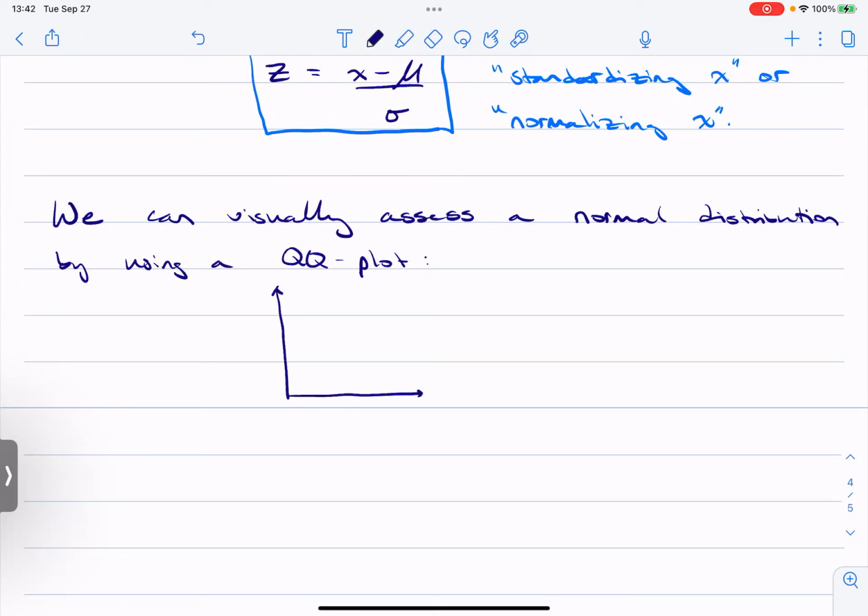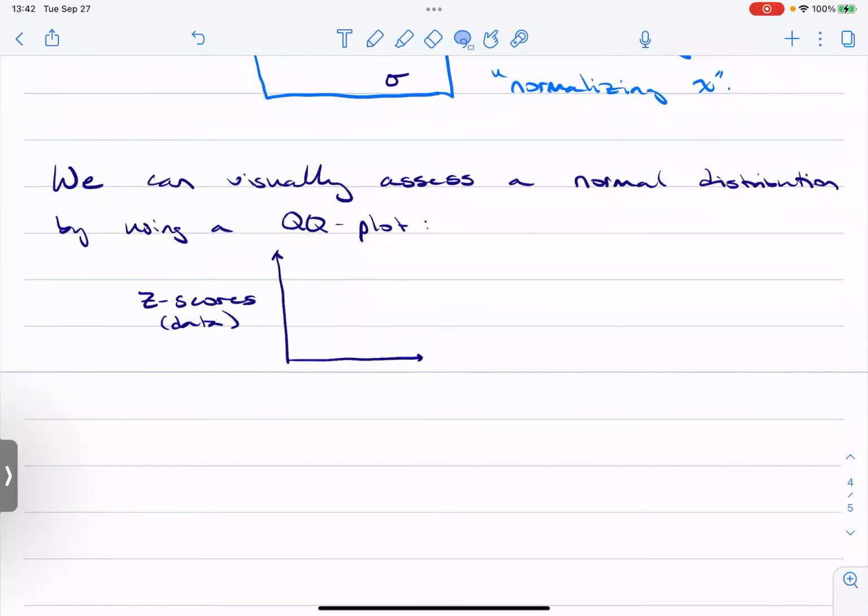I have the Z scores from the data. Each data point, I can subtract the mean and divide by the standard deviation, and then I can standardize all those data points. And then here, I need a little bit more space down here, but these are the theoretical values.